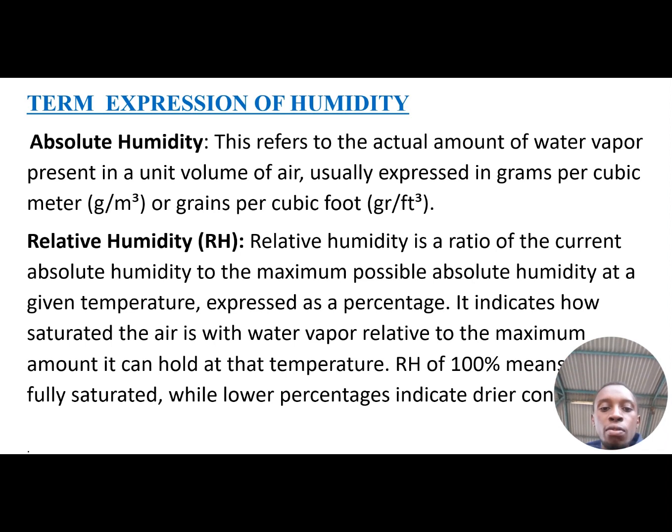Here we have terms that express humidity. The first term is absolute humidity. This refers to the actual amount of water present in a unit of air, usually expressed in grams per cubic meter or grains per cubic foot.